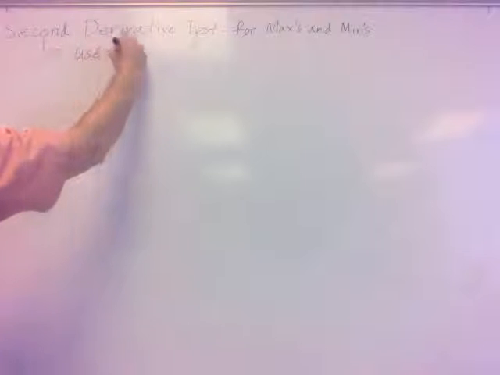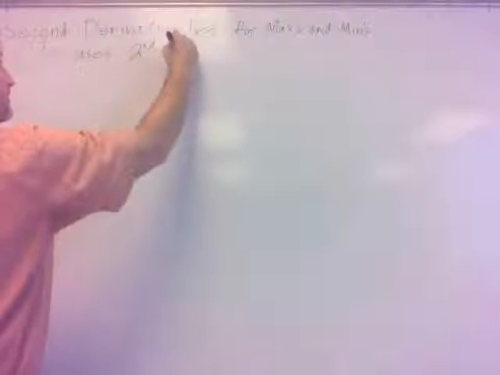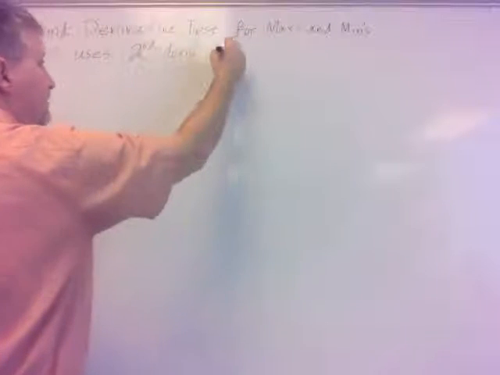Well, it turns out that you can use the first derivative and the second derivative actually, but it's called the second derivative test because we're going to use the second derivative also to tell us about local maxes and mins.